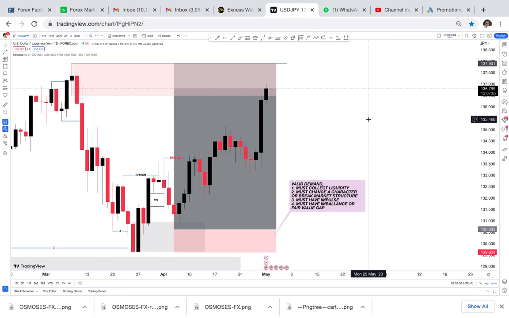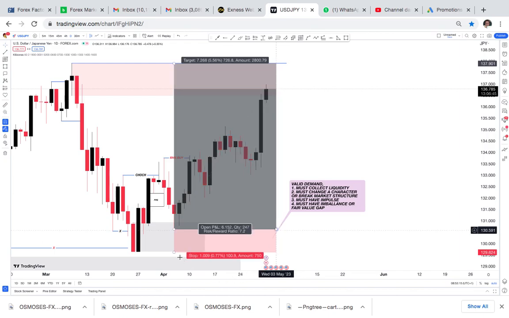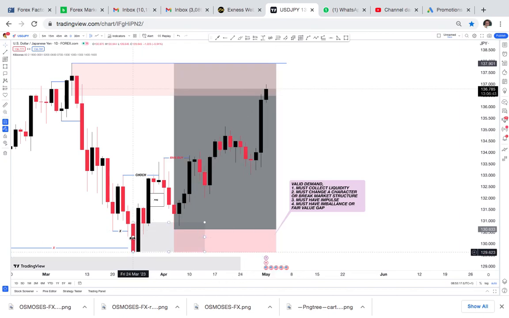You can set your fib to hit 50% or use your order block 50% too. And make sure they have a fair value gap or imbalance, either of the two. Fair value gap to me is the same as imbalance. It's just the gap between candles, mostly three candles. From this to this is one candle, two candle, three candle. This third candle already mitigates the high, so the high or low of one candle must touch another.